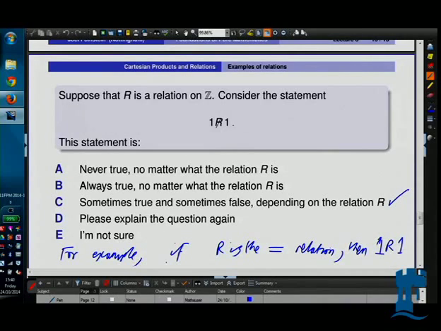But if R is the not equal relation, then 1 is not related to 1.